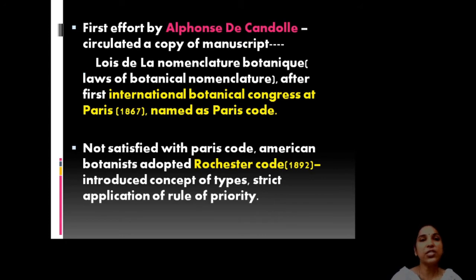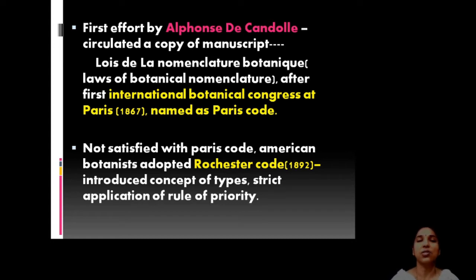The first effort at this system of nomenclature was made by Alphonse de Candolle. You know about de Candolle; we discussed him in the history part of our class. Alphonse de Candolle first used this in his book Lois de la Nomenclature Botanique, after the first International Botanical Congress in Paris. This code is published after every conference of taxonomists from all over the world.